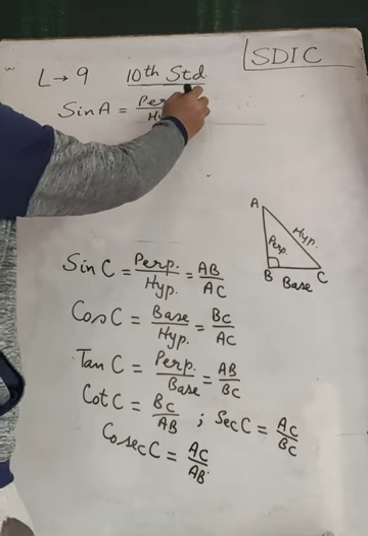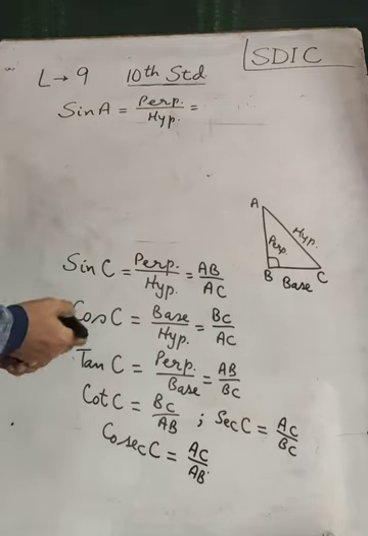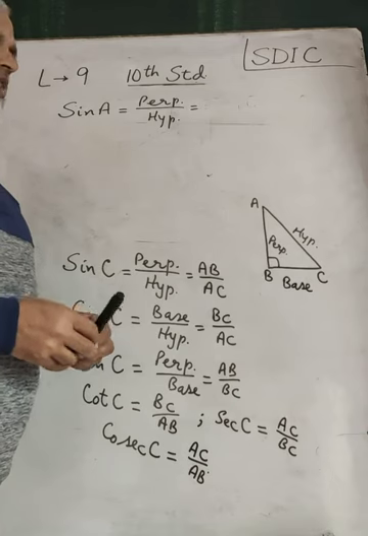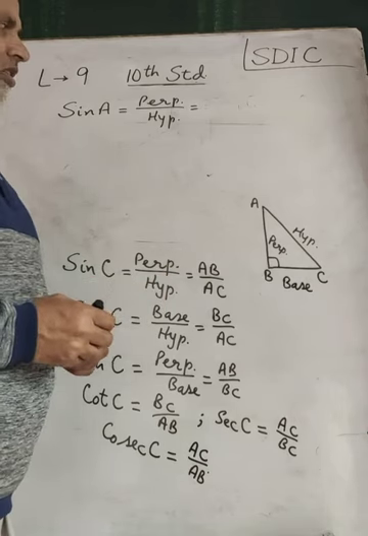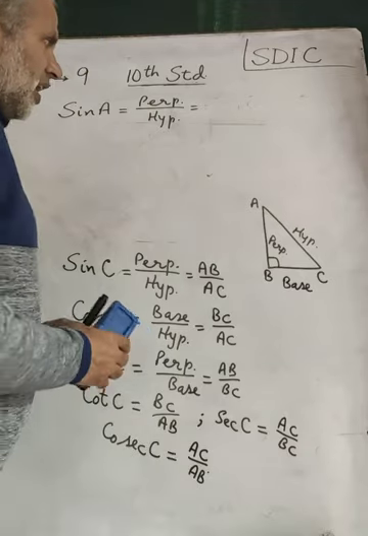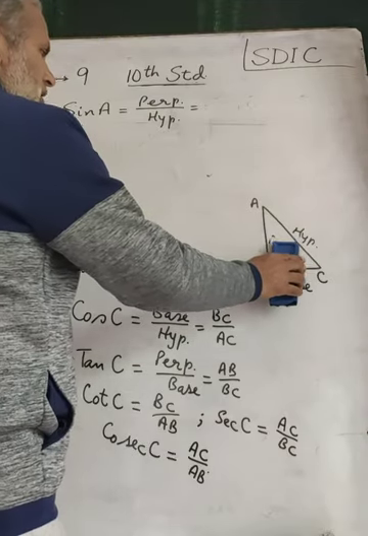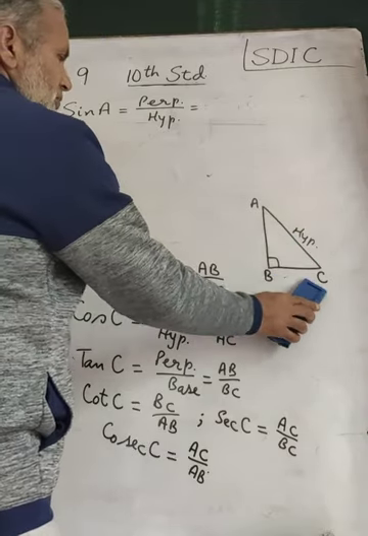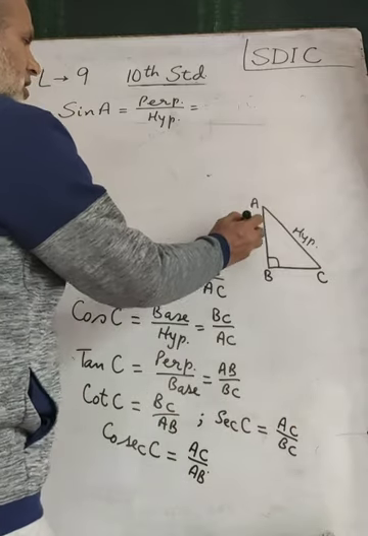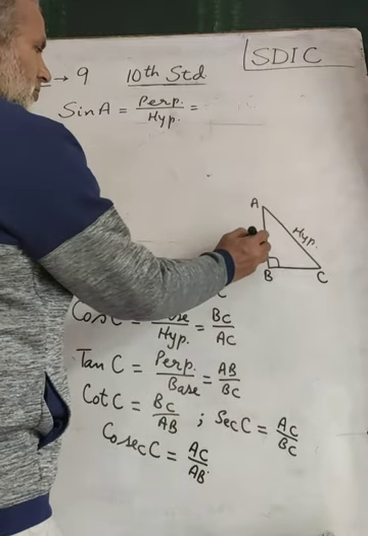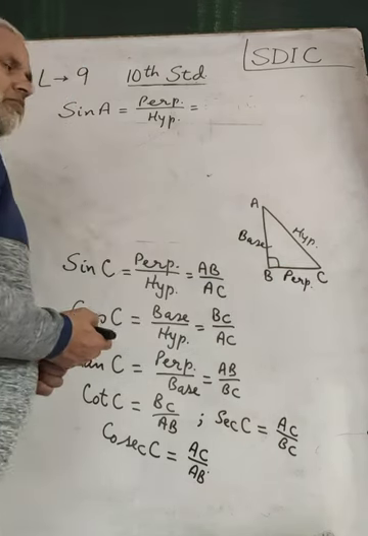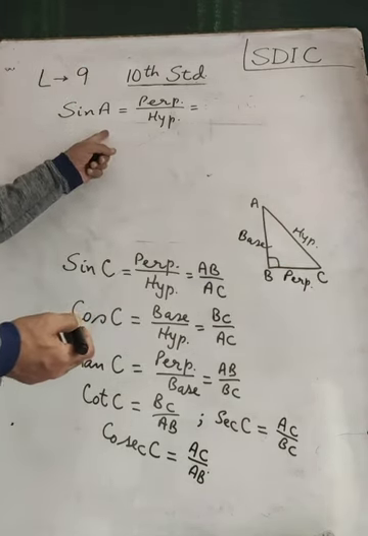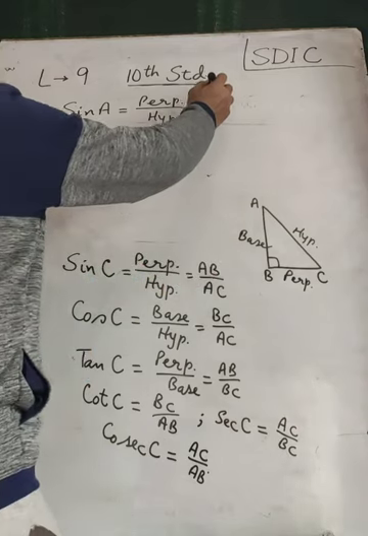But this time, since the acute angle has changed, therefore we'll have base and perpendicular also redefined. With respect to angle A, our perpendicular will become base and our base will become perpendicular. AB will now be the base. BC will become perpendicular. Therefore, sine A now will be BC by AC.